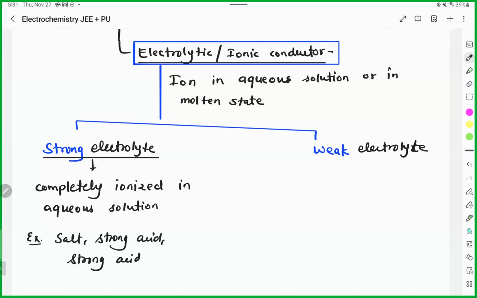What are the weak electrolytes? The substances which will not completely ionize or dissociate in aqueous solution. Okay, and what are the examples? Water, CH3COOH, then amine is a weak base, right? Ammonia, amines and many more. Correct.